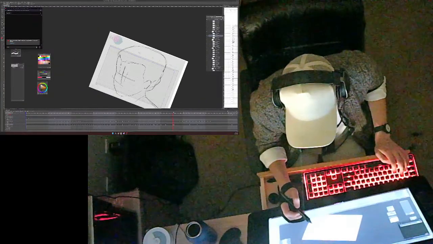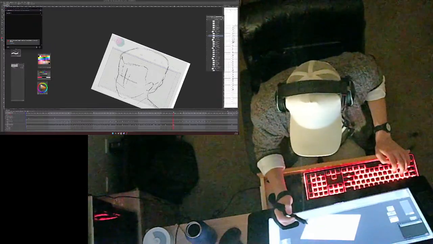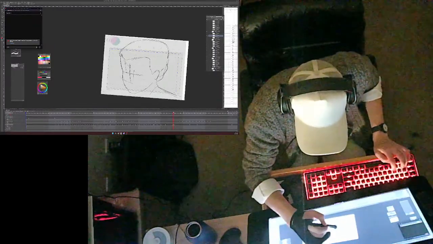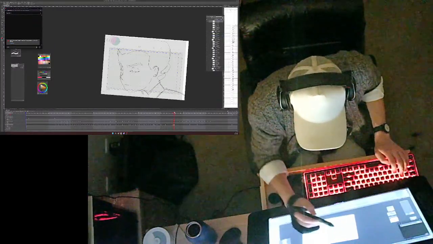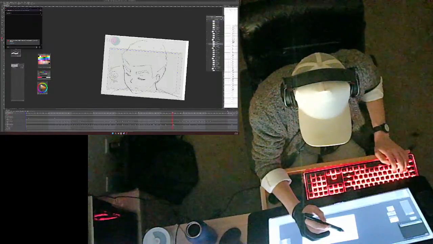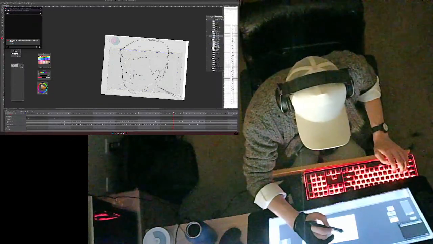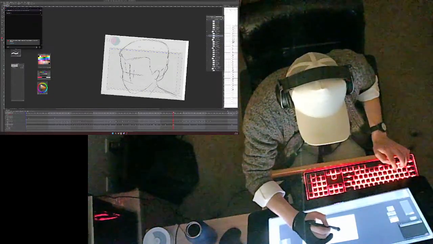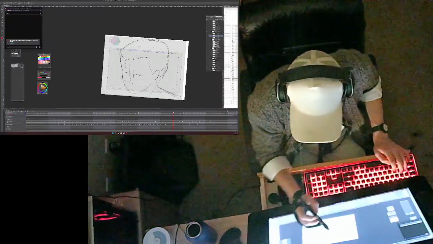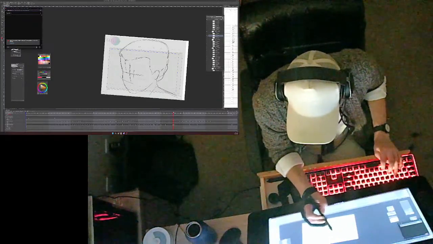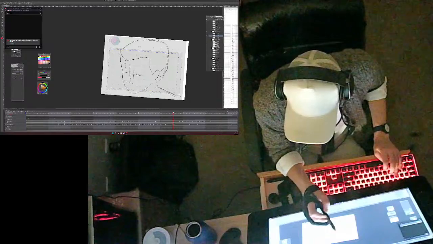So what I want to do is capture the halfway point between the peaks of her hairline, which seems to be about right here. I don't know.